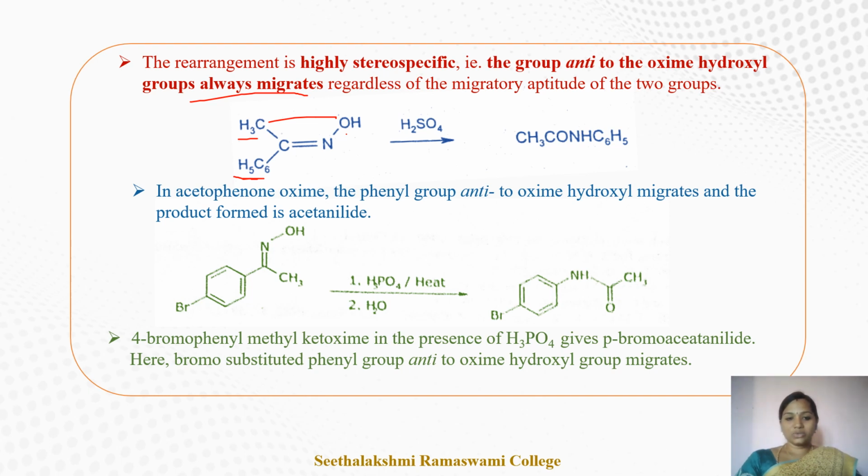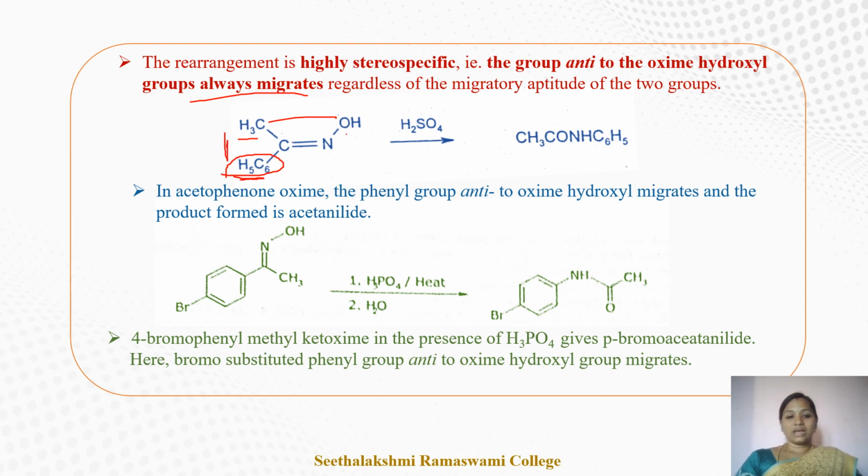So methyl is syn to this oxime hydroxyl, and the phenyl group is anti to this oxime hydroxyl group. So the group that is anti will migrate efficiently regardless of the migratory aptitude of these two groups.